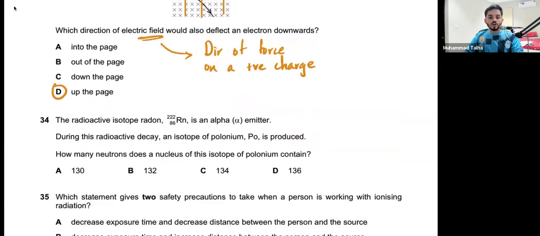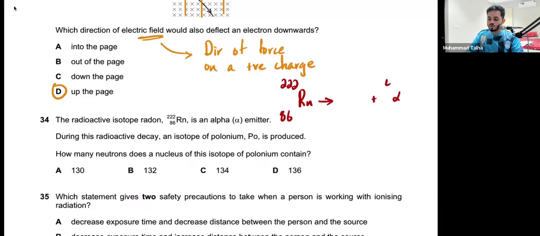Radioactive isotope radon is an alpha emitter. During this decay, an isotope of polonium is produced. How many neutrons does a nucleus of this isotope contain? So this is pretty easy. When this guy is going to decay by alpha emission, this means it's going to give out alpha 4, 2.